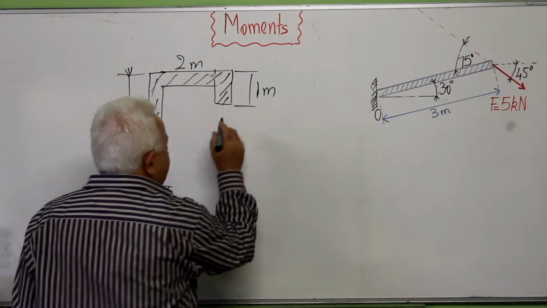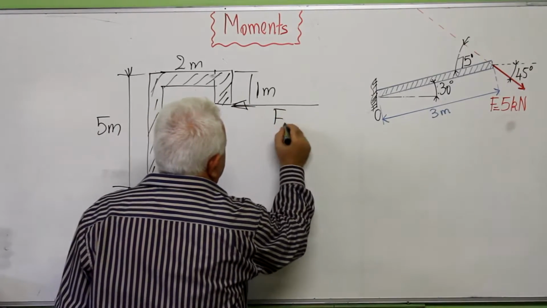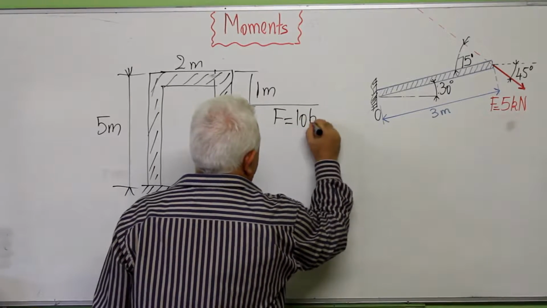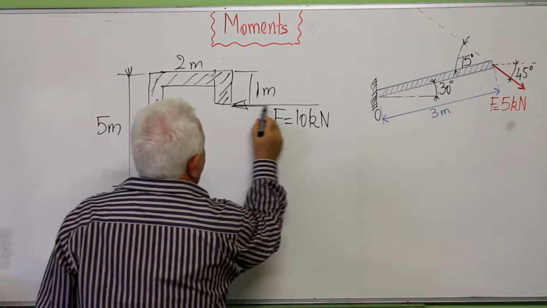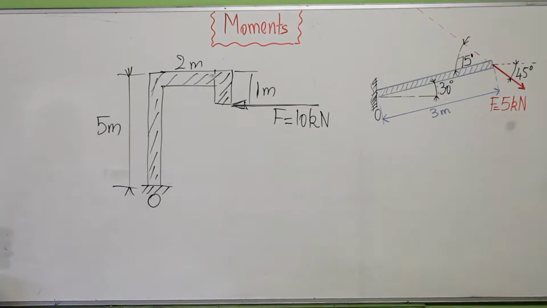Suppose the force is applied here, my F is 10 kilonewtons. So the force is applied at this point.